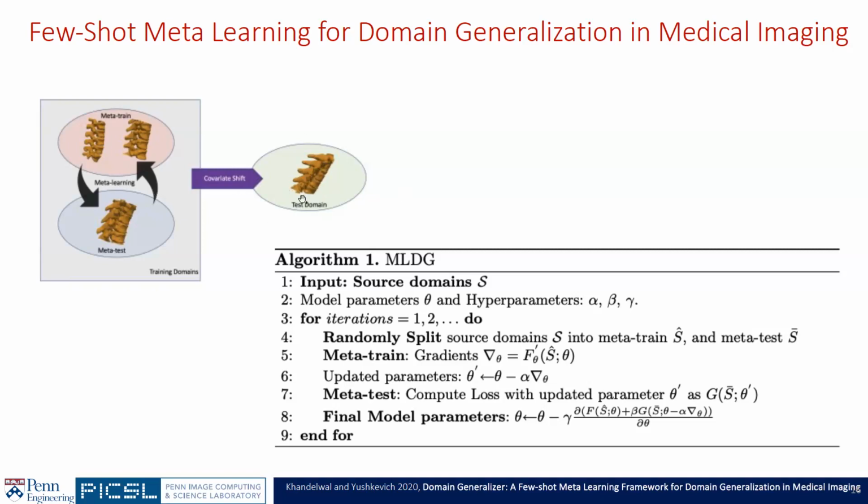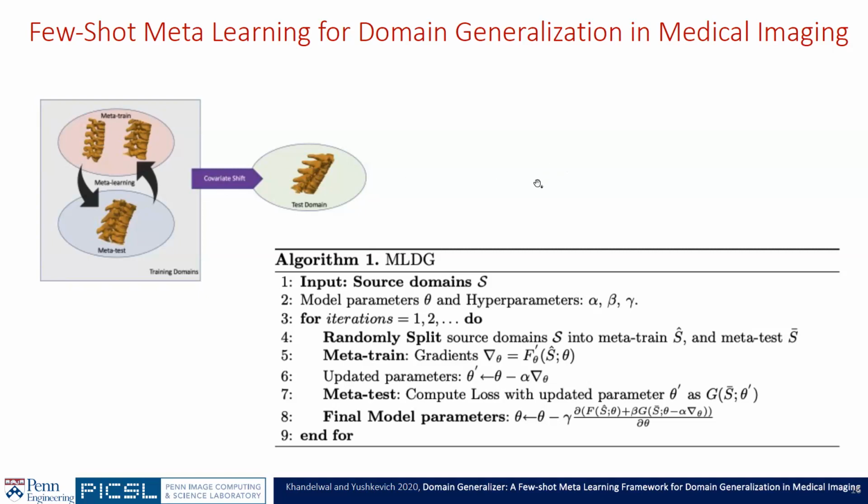And then at test time, you are given, let's say, the hip or the cervical portion or some other portion that you haven't seen during training, right? So these are the things you are seeing during training, and this is what you want to generalize to. The idea is that we are going to use the concept of meta-learning to do domain generalization, and the final goal is to make a network which is able to reduce this covariate shift, this data distribution shift, between the source domains and target domains, right?